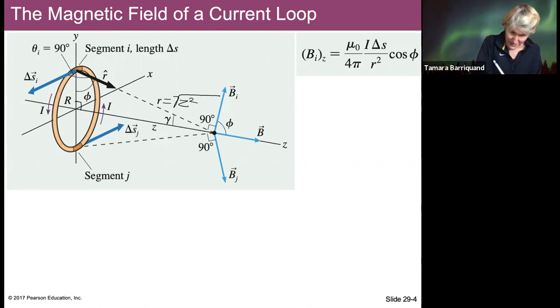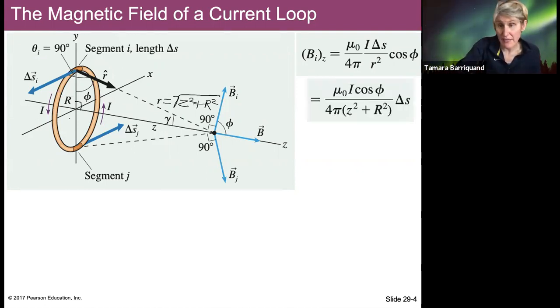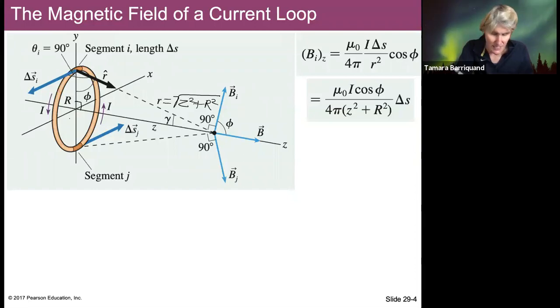This side right here is length z, and the other side is length capital R. So little r squared will just be z squared plus capital R squared. So I can put that in right here, and I now have mu naught I cosine phi, with delta S moved to the side, over 4 pi times z squared plus capital R squared.